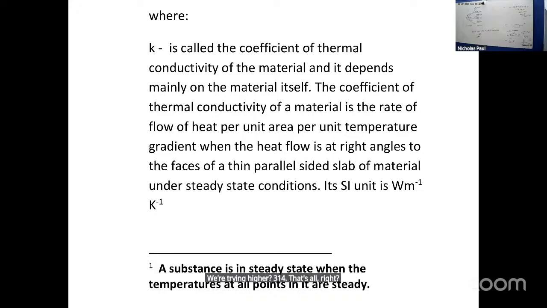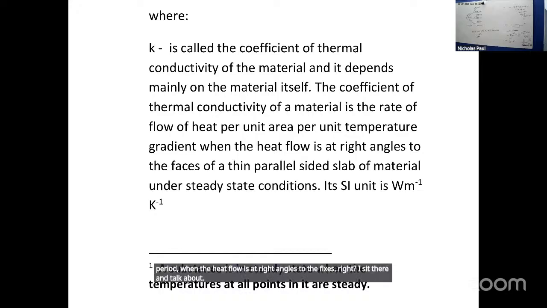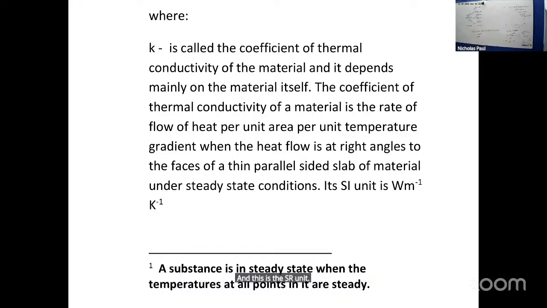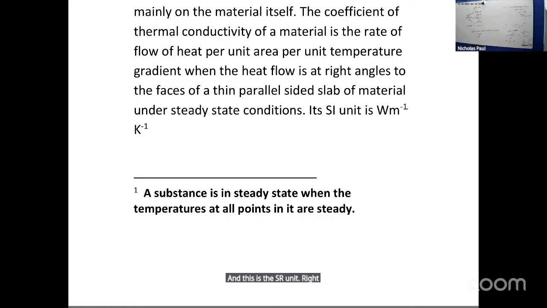The coefficient of thermal conductivity of a material is the rate of flow of heat per unit area per unit temperature gradient when the heat flow is at right angles to the faces, right? That's the thing we talk about, and this is the SI unit, right? But when they talk about steady state, they mean that the temperature at all points is the same, right?